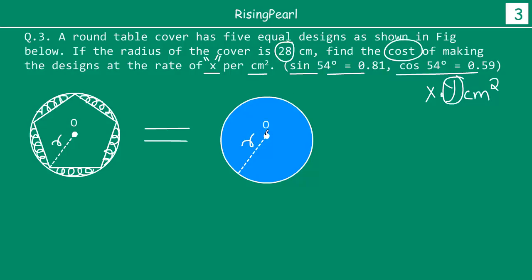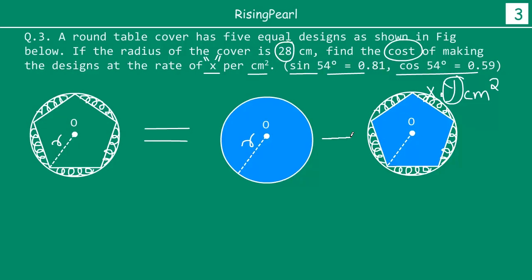So if I were to draw a circle which is the same circle as this and find that the total area is highlighted in blue, and then simply take away the area of the pentagon, right? So the entire area of the circle minus the pentagon, then we are left with just the area of the design.